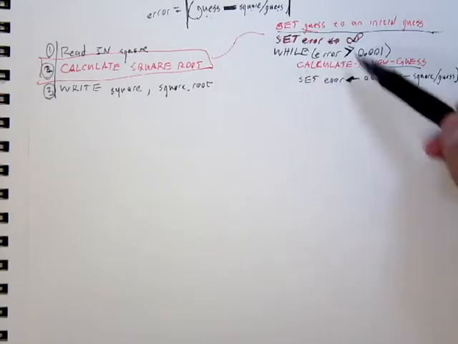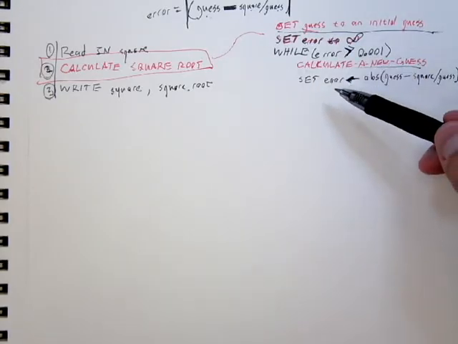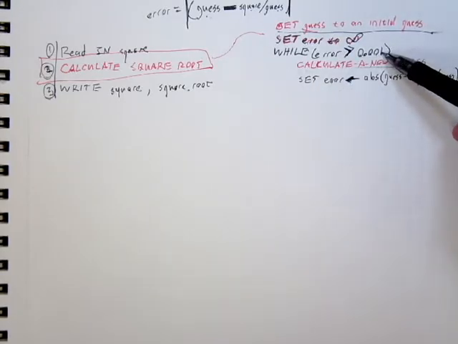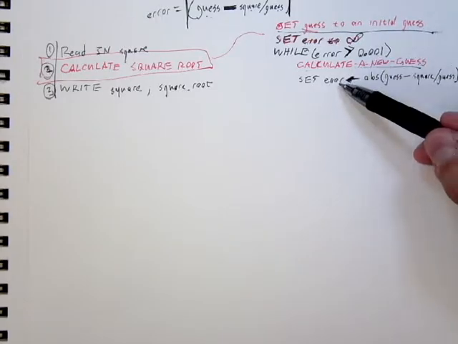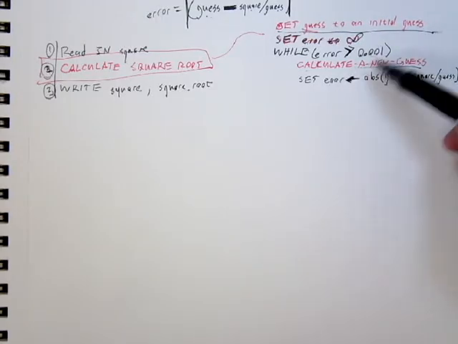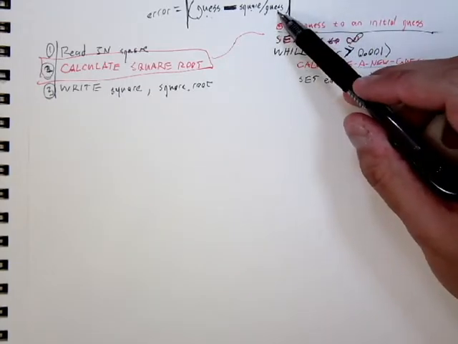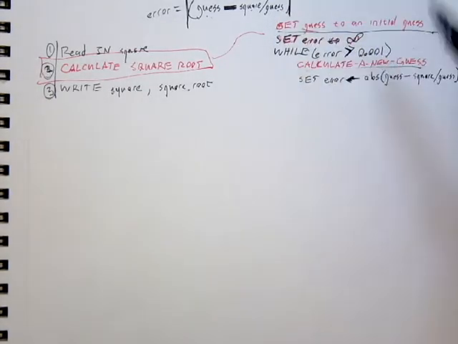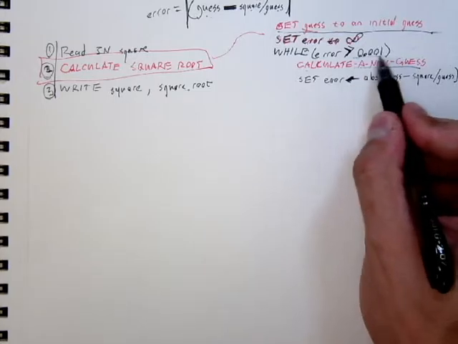And I'll keep updating as long as that error is bigger than the tolerance. Right? So I know that the number of digits here is how accurate my square root is. The reason that I prefer this for estimating the error is because these are the number of digits of precision in my answer.